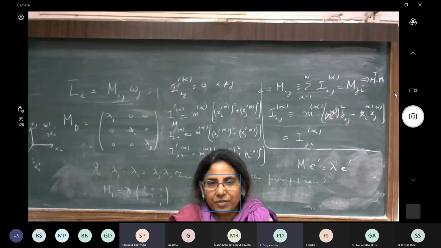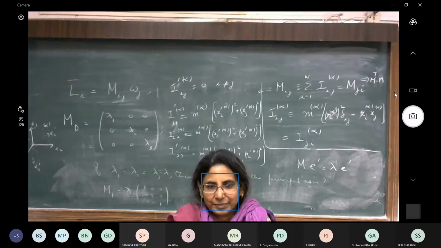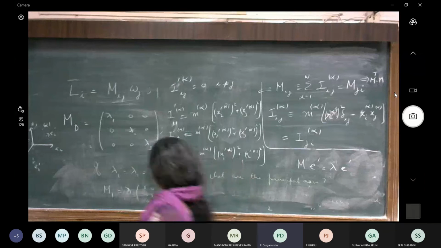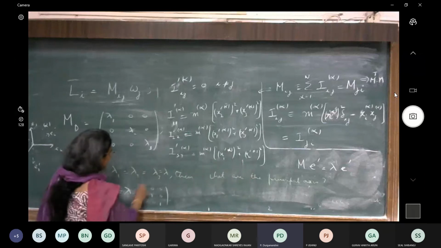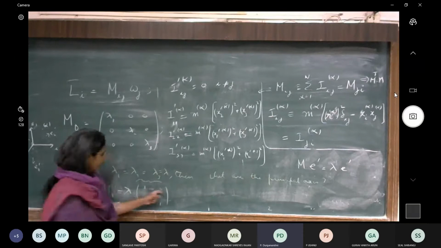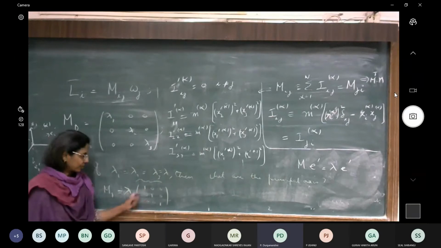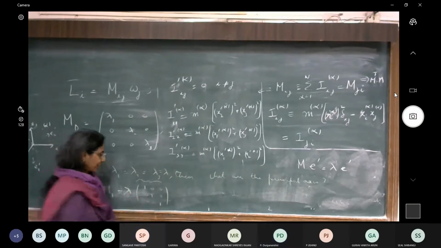Yeah. So how will you choose the principal axis now? What is the form of this? Now, what is this matrix? Can we write this in some familiar form? Yeah, identity.